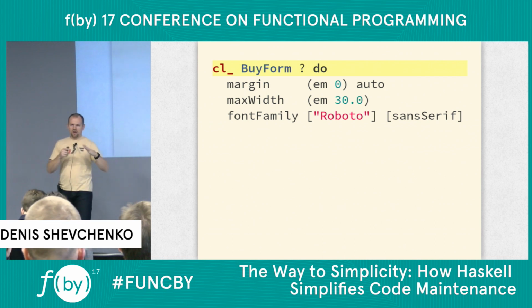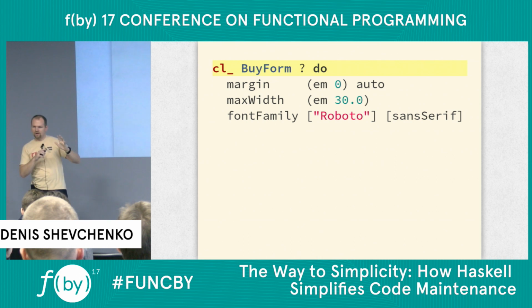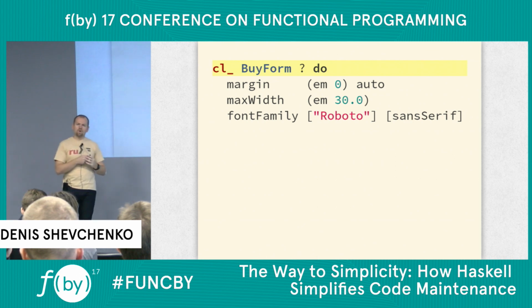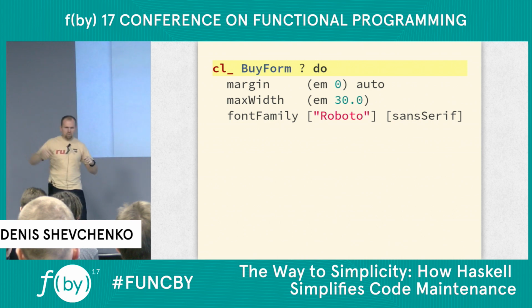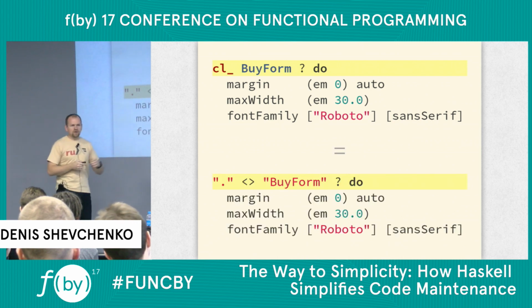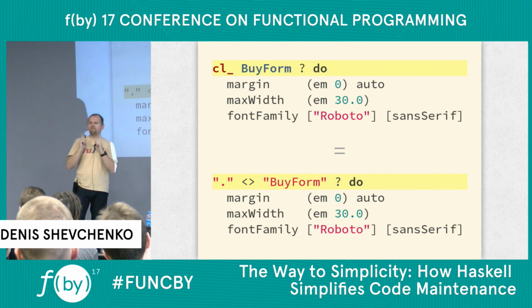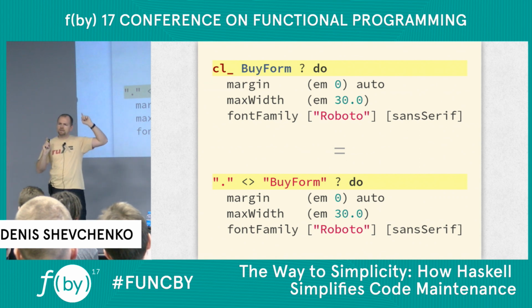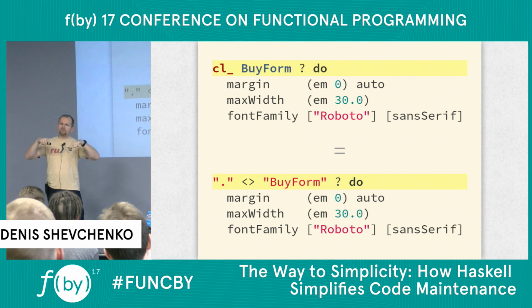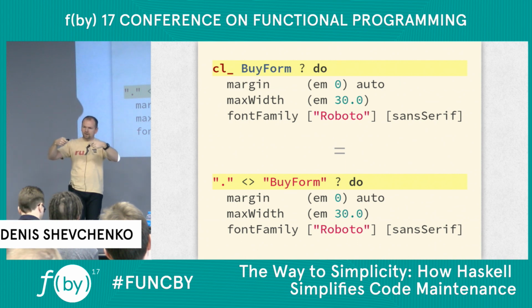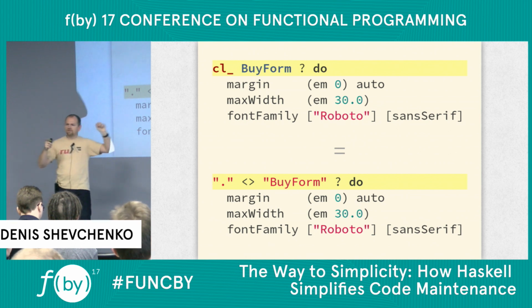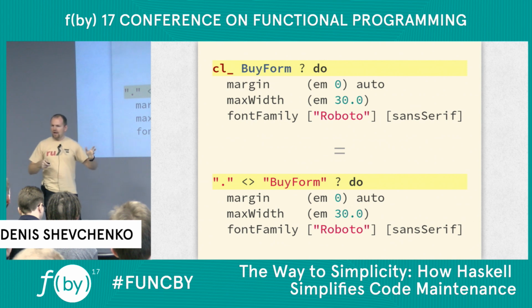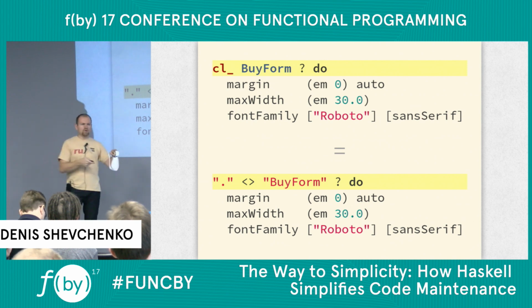We changed our CSS declaration. So now we don't have any string with a dot. Why? Because this ByForm value of the type ClassName can be converted to a string automatically. And we just append this dot, and it works. And how can we use it in our markup?